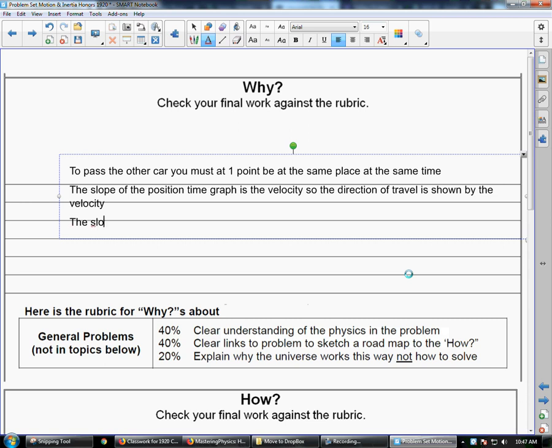I'm going to say the slope of car one's position graph is constant, so it is moving at a constant velocity.